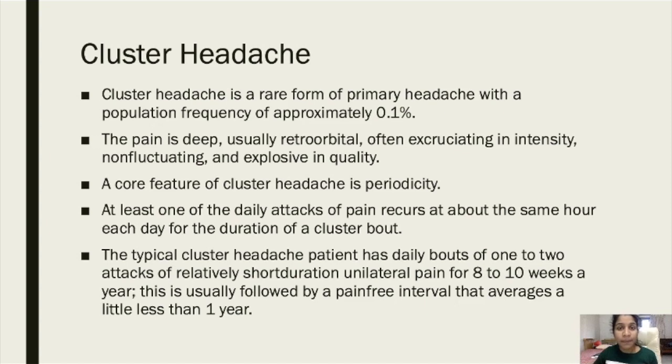That will be a normal pain-free interval. So that's why it is known as cluster headache. So 1 or 2 times in a day they will get it, it will be there for some weeks, and again for some time it won't be there, again it will come. So that's a peculiarity of this cluster headache, and it is unilateral, severe pain, seen retroorbital. Retroorbital means behind the eye you will get that pain, and it's very deep pain and explosive in quality. So you have to understand the severity of that pain.